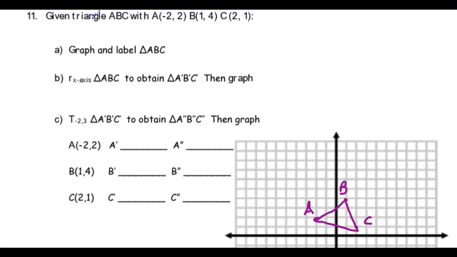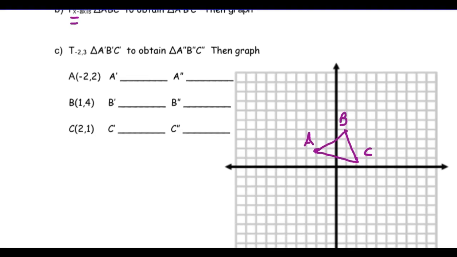There we go. Now, to reflect in the x-axis, if you remember from the previous page, we said that when you reflect in the x-axis, you just change the sign of y. You certainly could reflect in the x-axis. You could count down for A, you could find the distance. You could count and count.